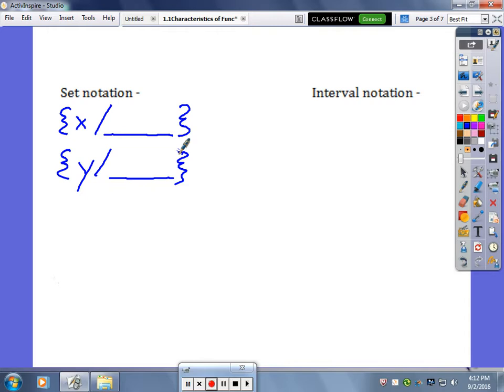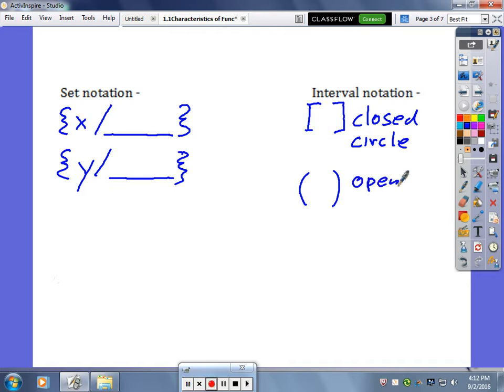Interval notation looks a little different. Here we use different sets of parentheses. We use actually brackets every time that our graph shows a closed circle, and we use regular parentheses every time the graph shows an open circle or arrows.